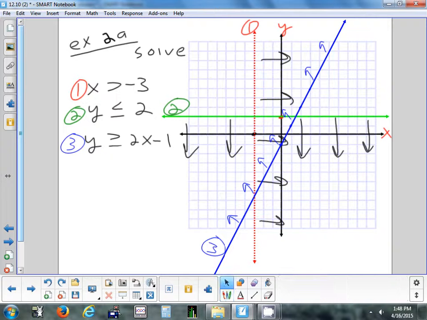Yeah, this time it's going to be in that triangle. So you're shading to the right of the red, below the green, and above the blue. Right in here. So it's a little more confusing because you've got 3, but it's the same idea as 2, and you'll never have more than 3. 3 is the most we'll ever give you.